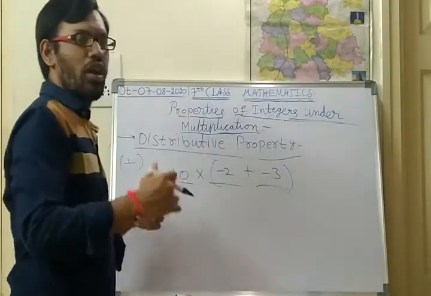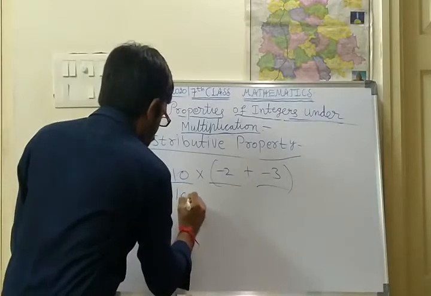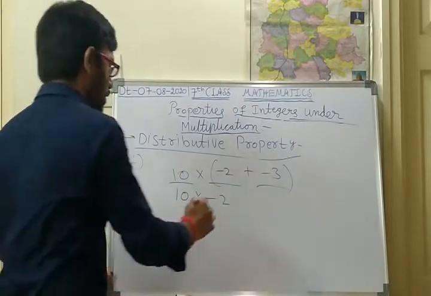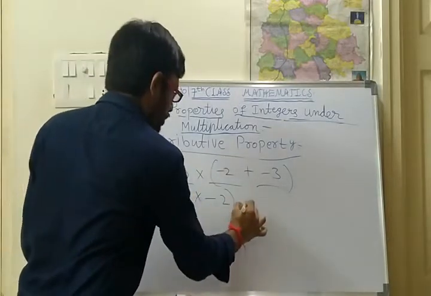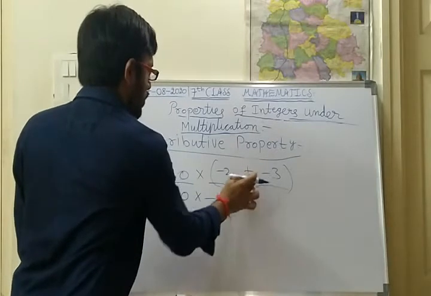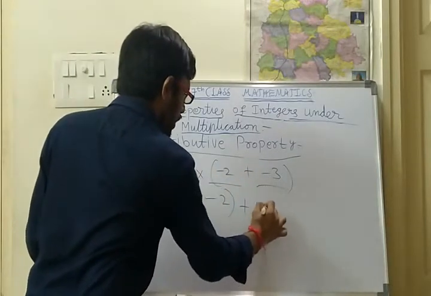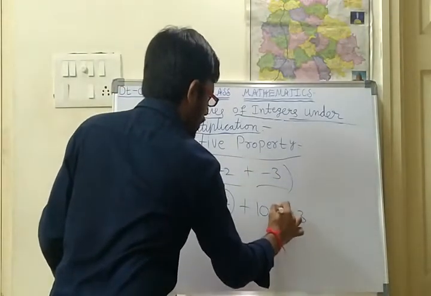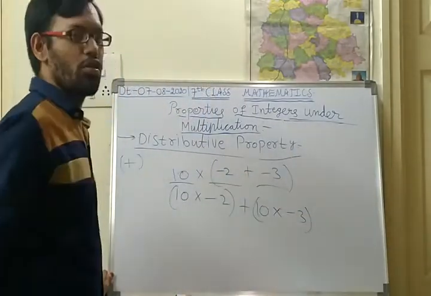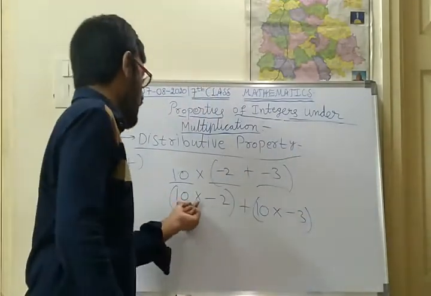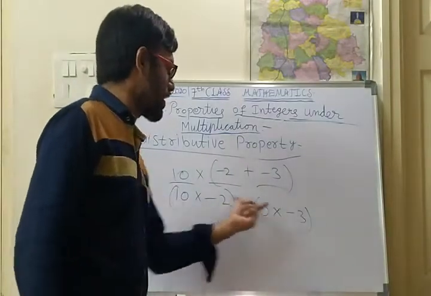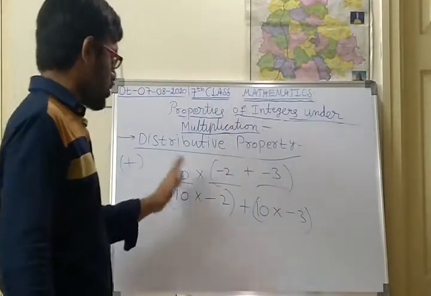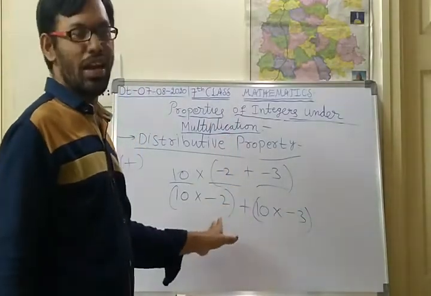So 10 into -2, bracket, plus, then plus 10 into -3. Like this you have to distribute equally. So 10 is distributed to -2 and -3 equally, one time for -2 and one time for -3. Now there won't be any clashes.